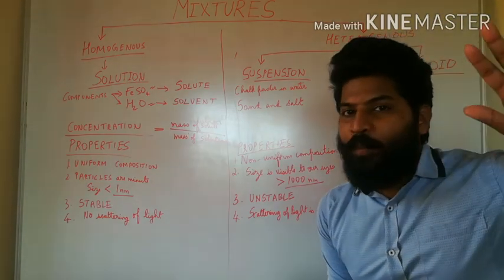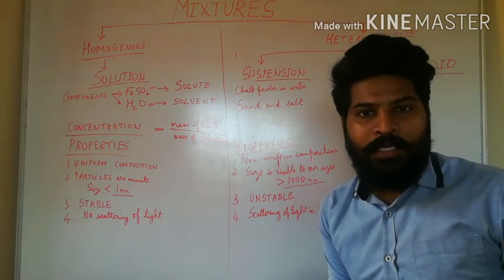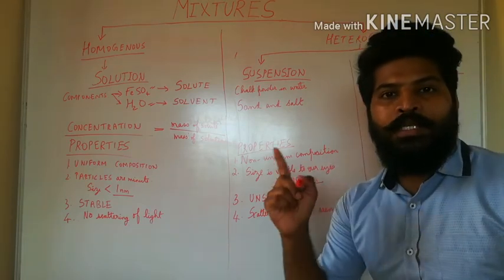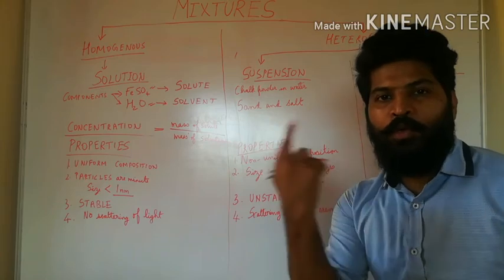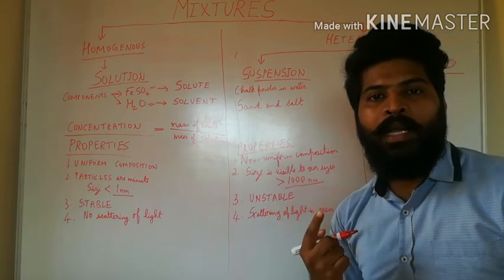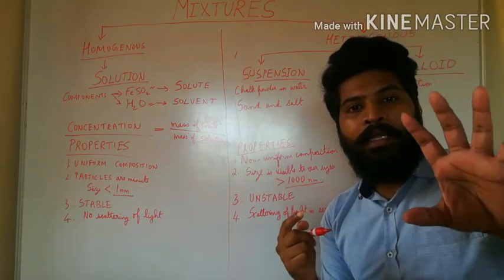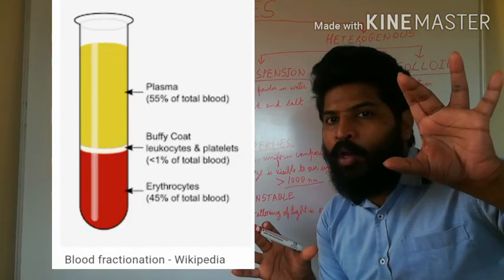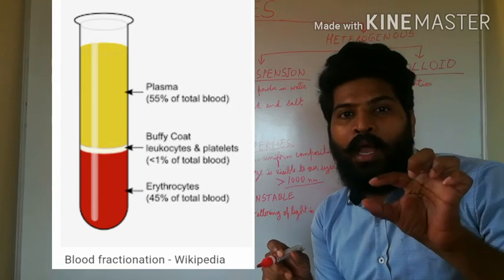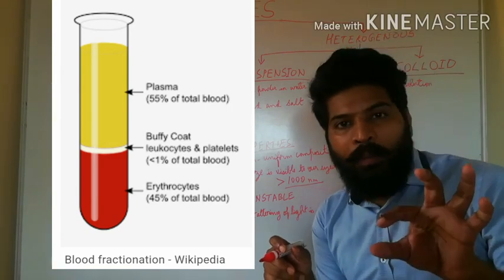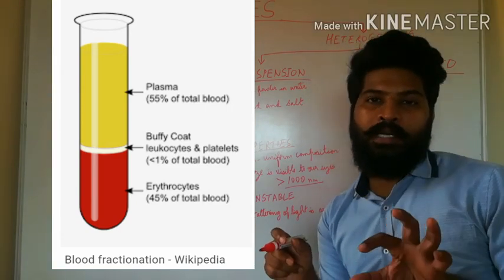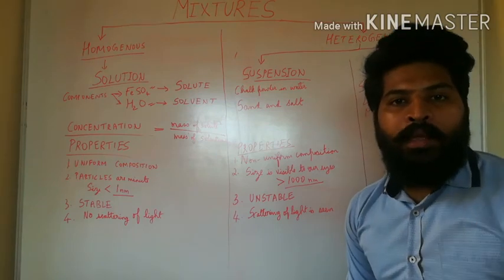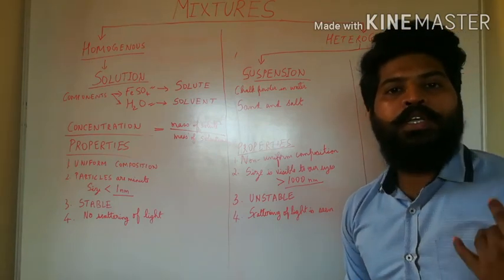Blood appears to be again like a solution, homogeneous, but if you use a centrifuge to rotate the blood at high speed, blood can be separated into two components, a plasma liquid component and a cellular component, that is the RBC, WBC and platelets. Why does a colloid appear to be a solution?